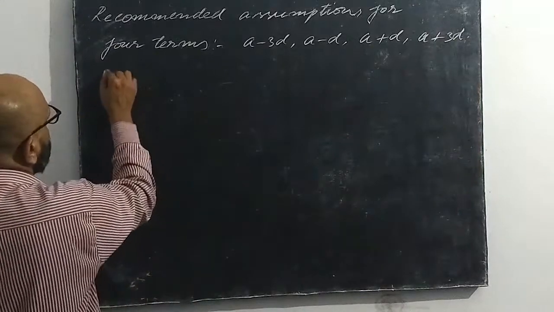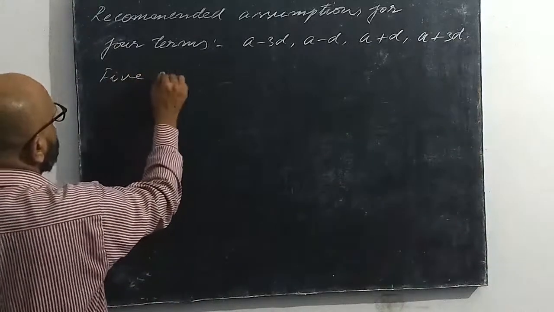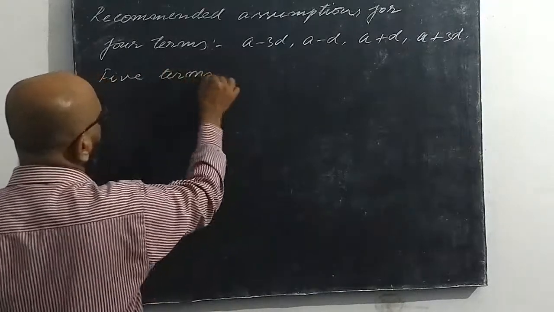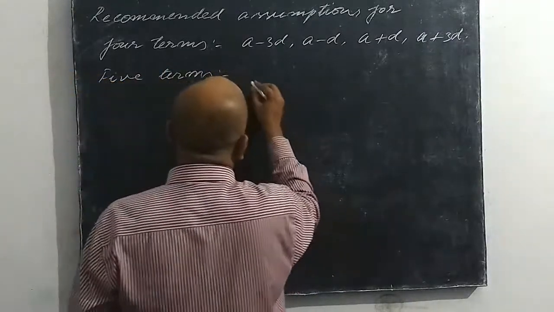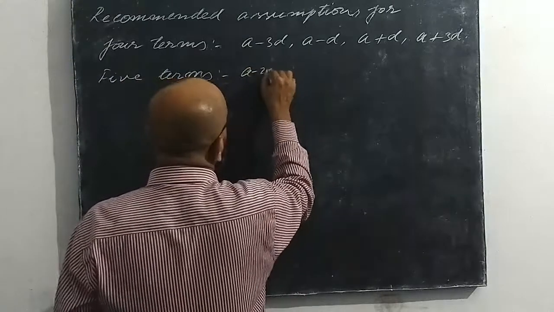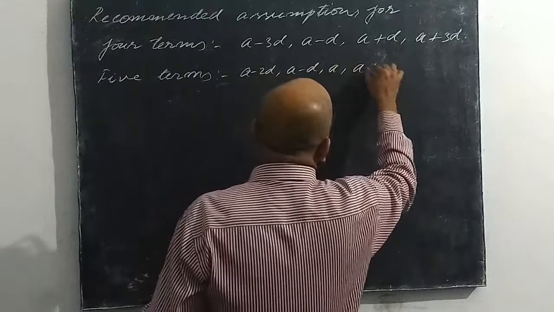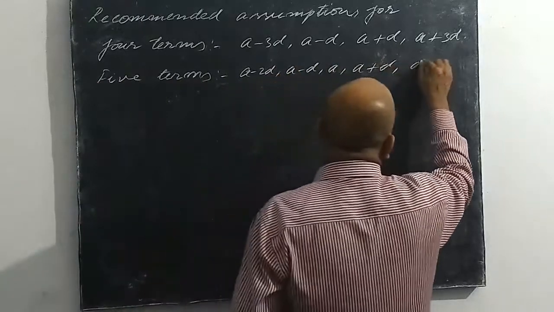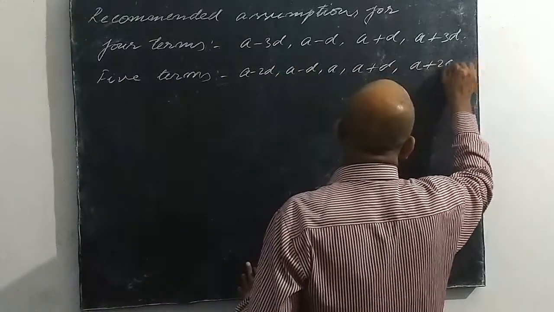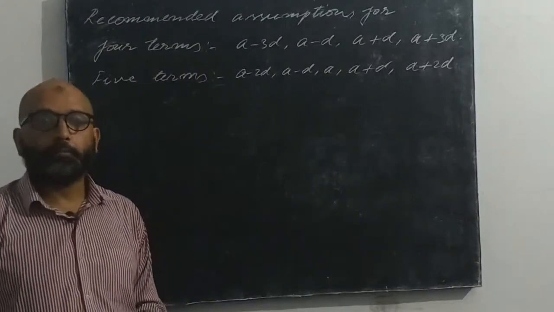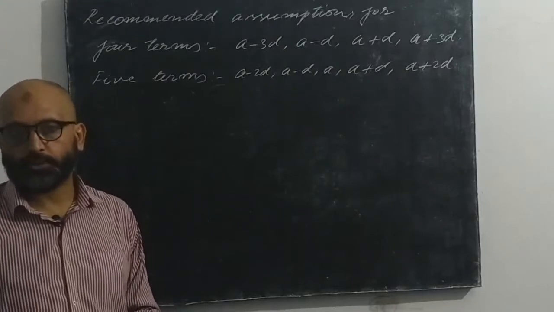And the recommended assumption for 5 terms, if 2 different conditions are given for 5 terms, we consider a minus 2d, a minus d, a, a plus d, a plus 2d.